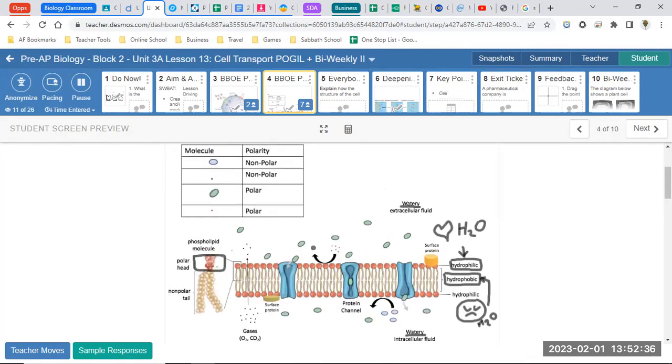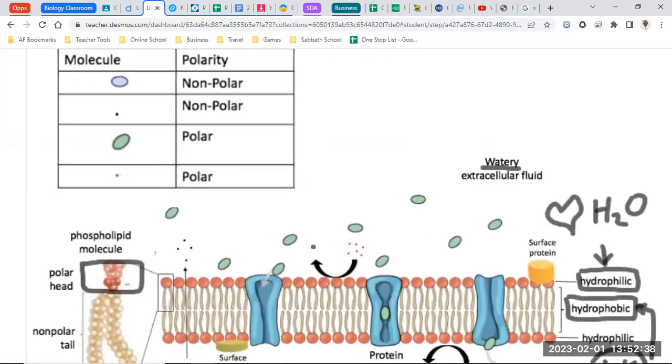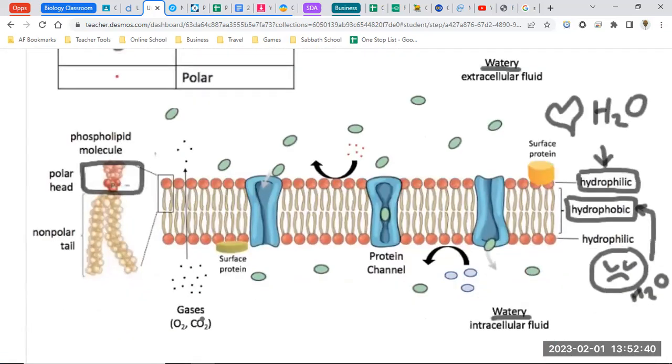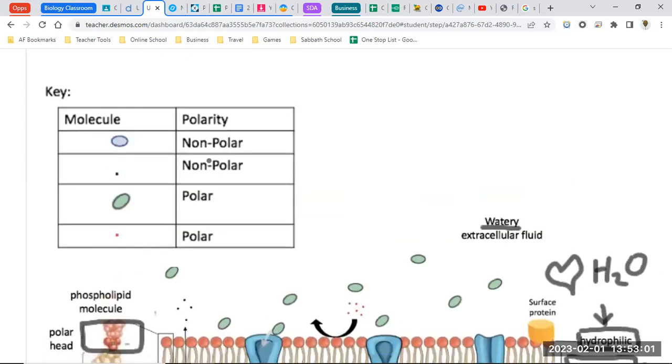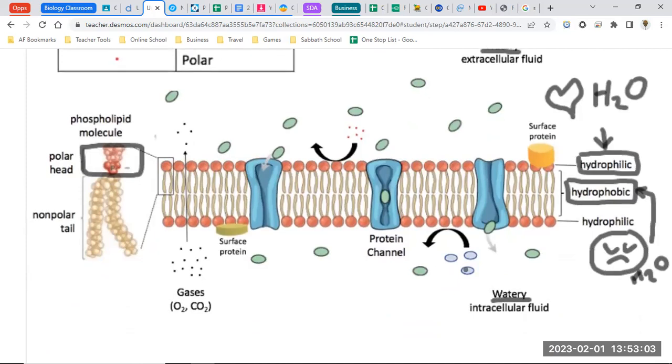All right. Now that we see that, we notice here that gases don't need a protein channel to move through. It just goes right through, man. Gases walk through walls. But proteins, on the other hand, need to go through these protein channels. We have these little blue molecules here that can't go through.